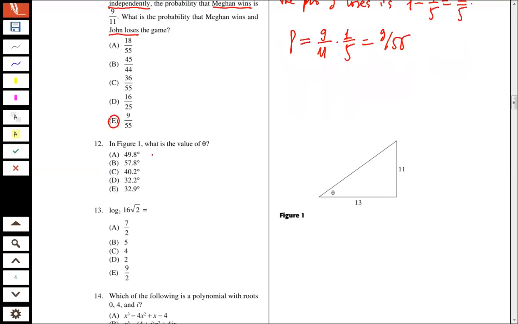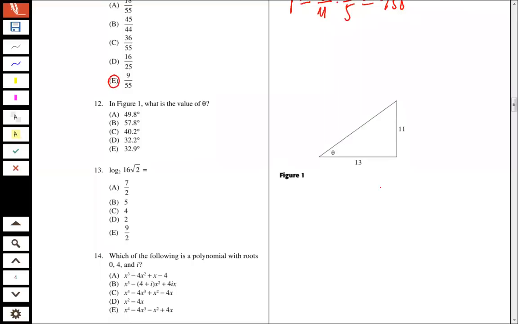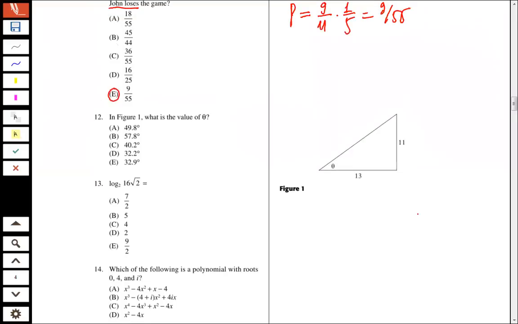Question number 12. In a secondary school, you know that the tangent, or tan, of an angle. The angle here is theta.